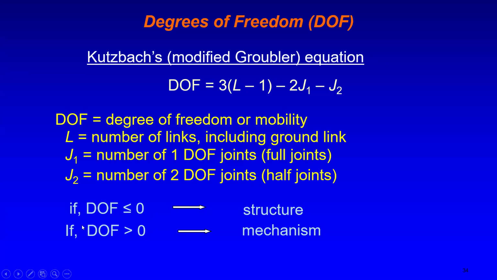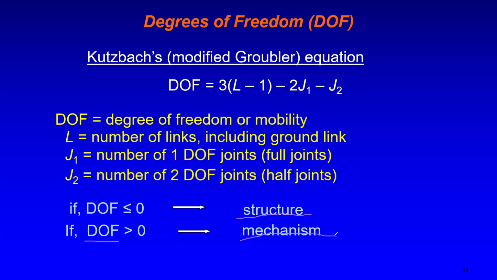Now, if the degree of freedom is less than or equal to 0, if you have a negative or if you have 0, just know that is not a mechanism, that's a structure, like struts, etc. But if the degree of freedom is greater than or equal to 1, that's a mechanism.